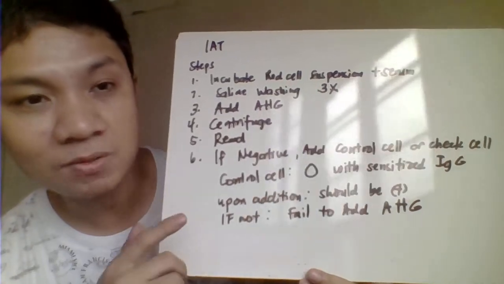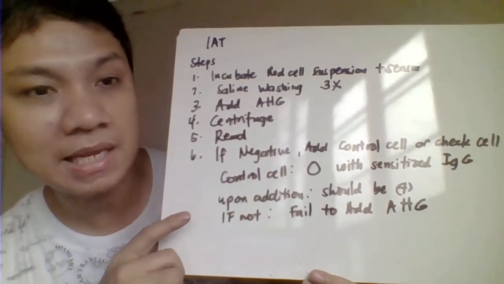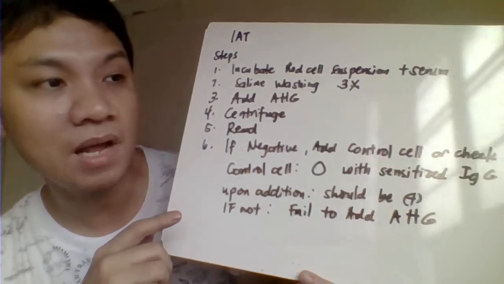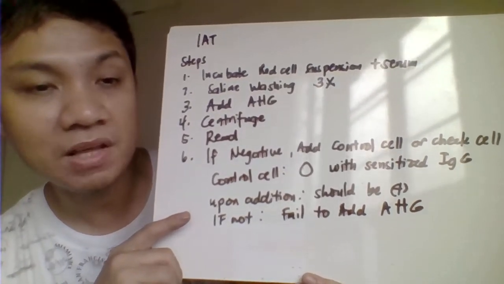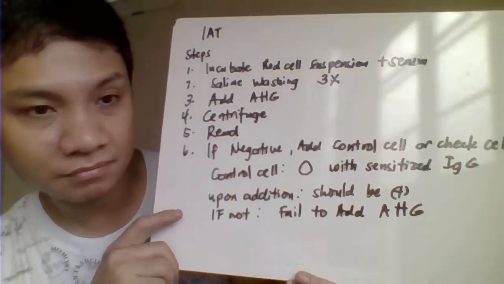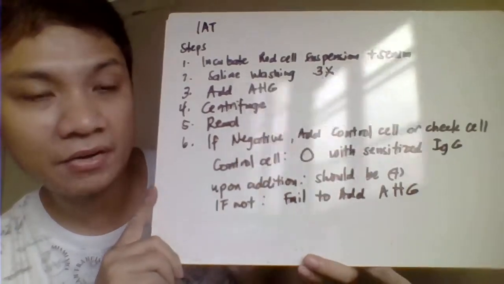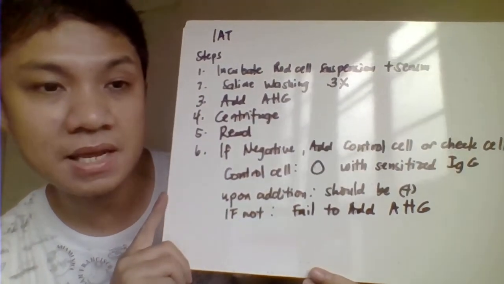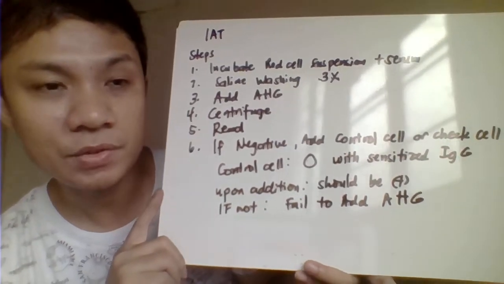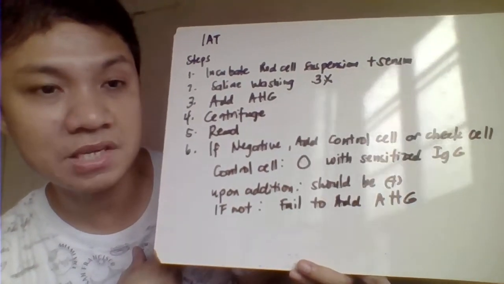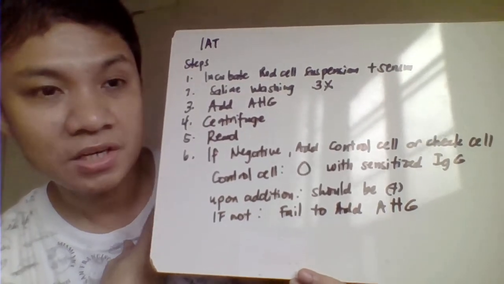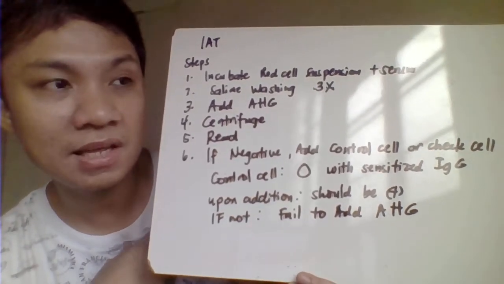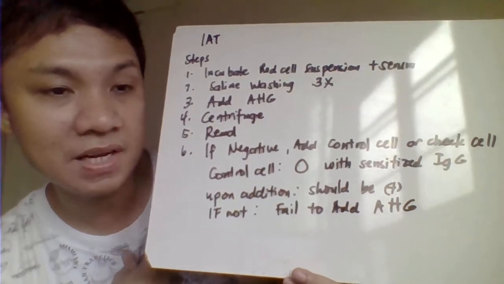Remember that the last wash should be adequately decanted to remove the unbound plasma proteins, to prevent neutralization of anti-human globulin and a false negative reaction. Then you add anti-human globulin to cross-link the possible RBC which has been sensitized with your IgG or your complement. After that, centrifuge to enhance the agglutination reaction and then observe if it's positive or negative.